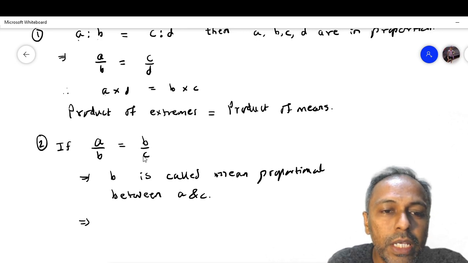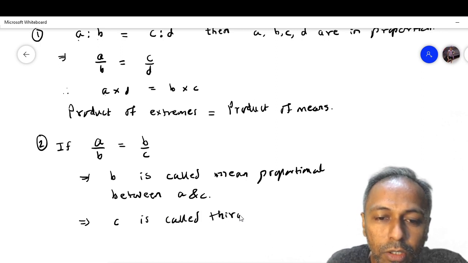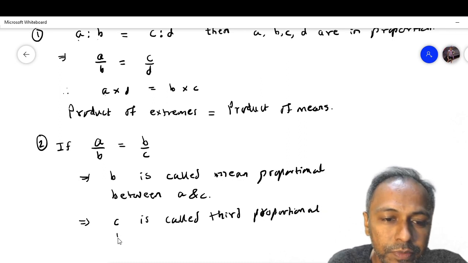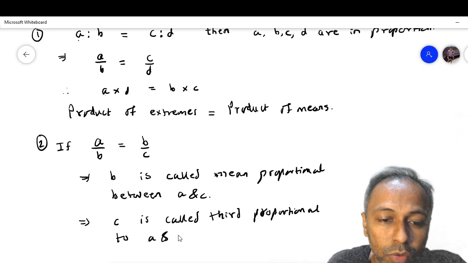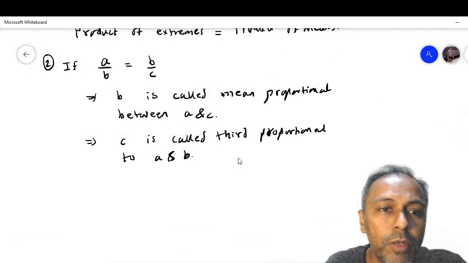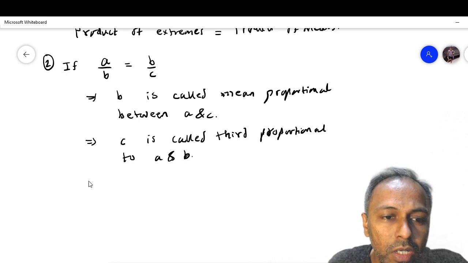Also, if A upon B is equal to B upon C, then C is called third proportional to A and B, sorry. So one more time, if A upon B is equal to B upon C, then B can be called mean proportional and C is called the third proportional.